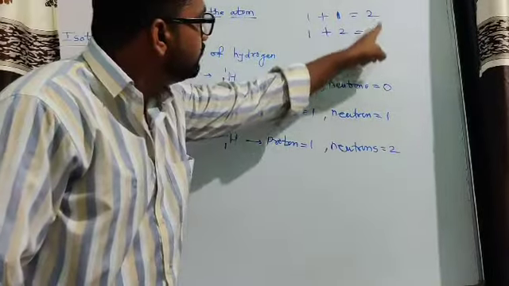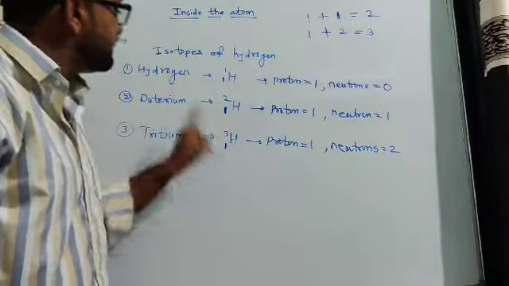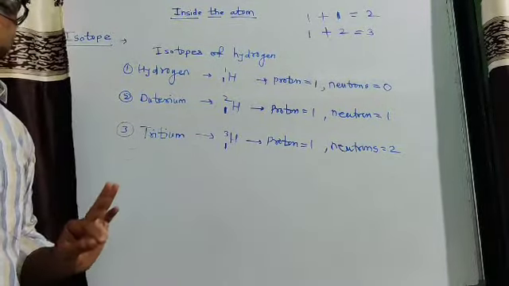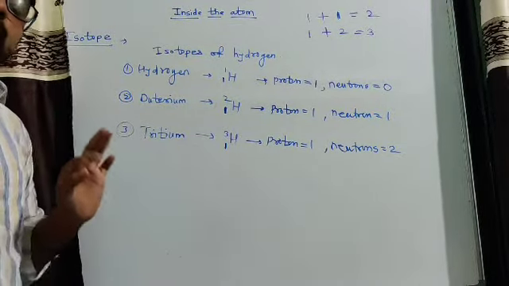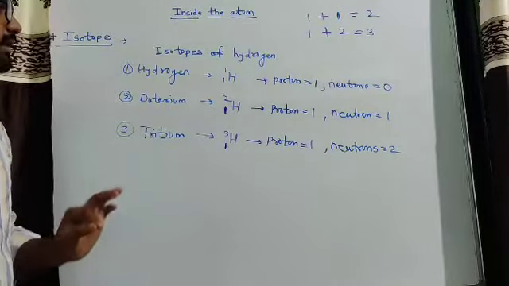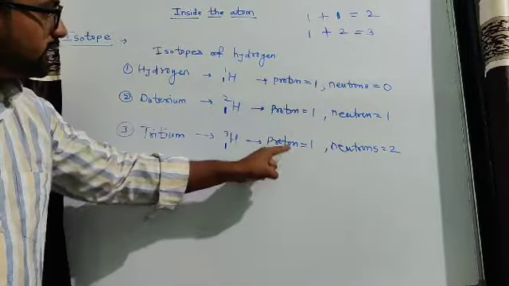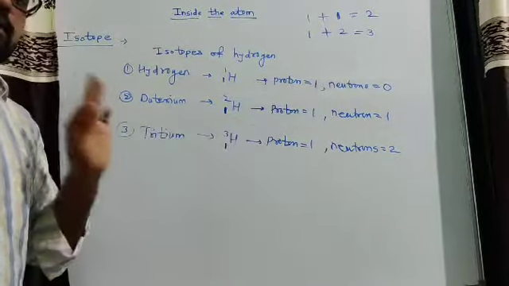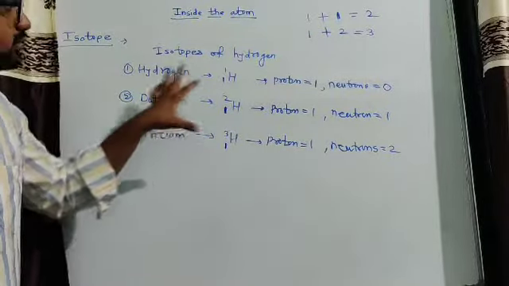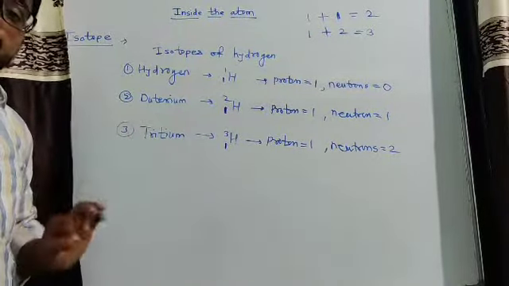That is why the mass number changes. So in case of isotopes, we have to remember these are the atoms of an element which have the same atomic number but different mass number.